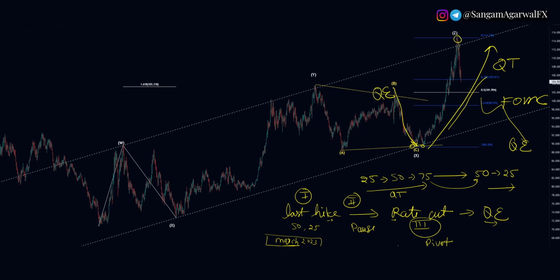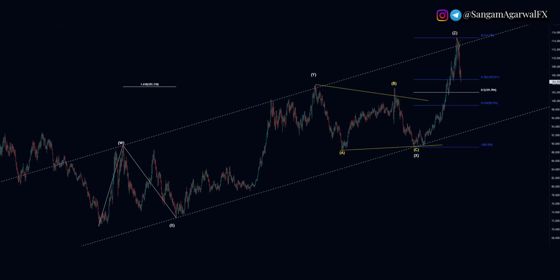And before that period, it can make a sideways correction or a counter trend correction. And we have only these two price levels.